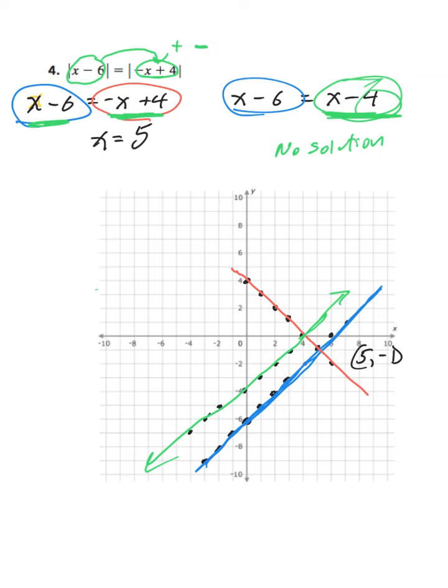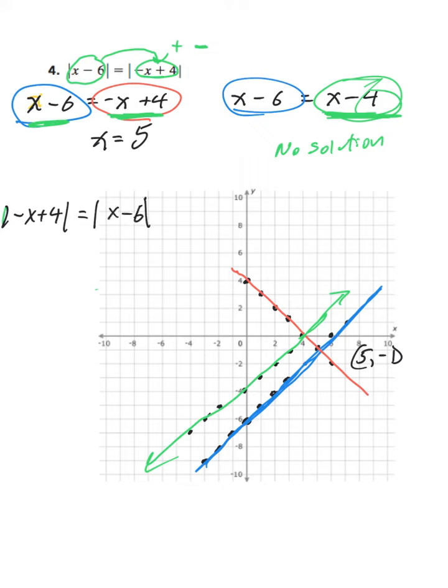But why is the x minus 6 not changed at all? It doesn't need to. We just got to make sure that the other side changes. Now you might ask, what if the x minus 6 was on the other side and we wrote it this way? What would happen if I said the absolute value of minus x plus 4 equals the absolute value of x minus 6?